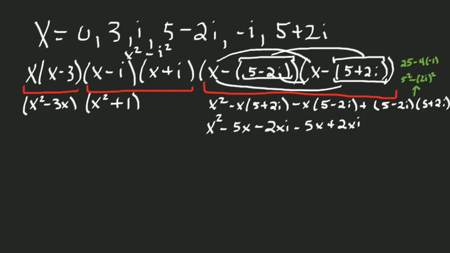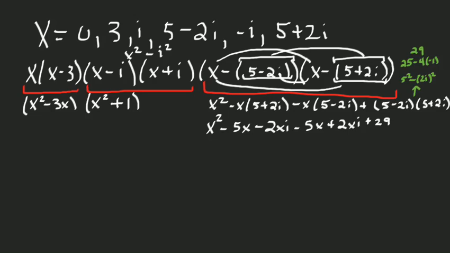So good. So that's going to really end up being 29. So what I can do is I can take all of that and I can just go back in. Instead of writing all that out, it's just plus 29.